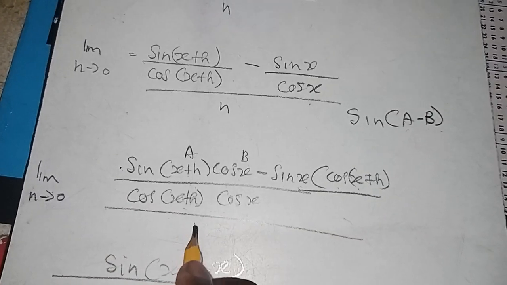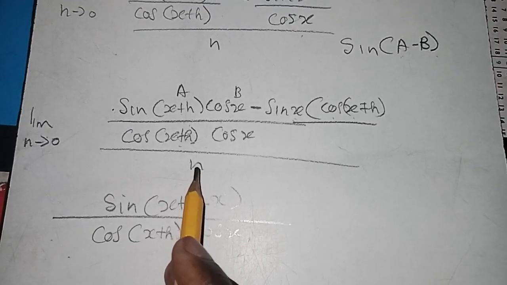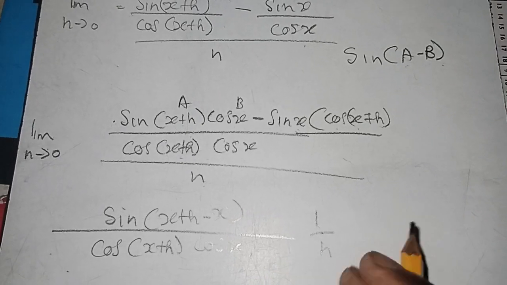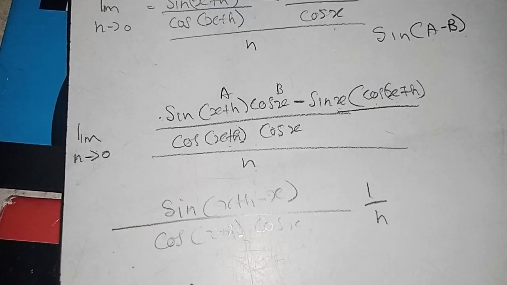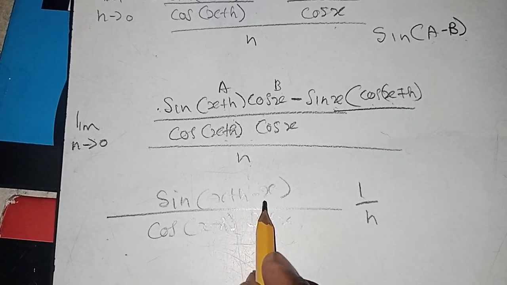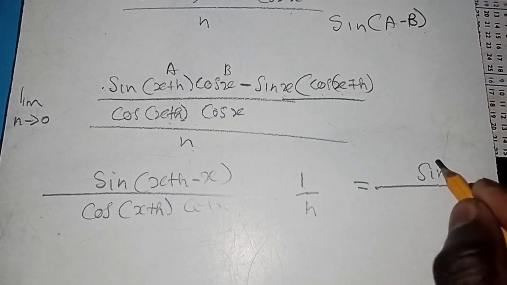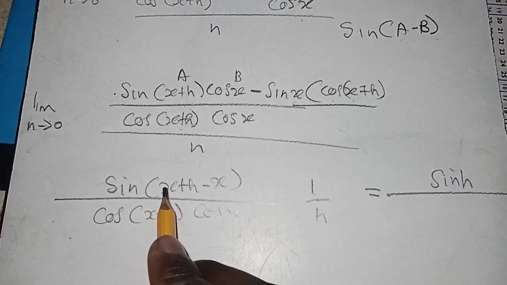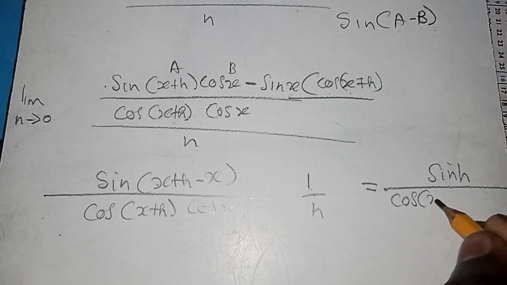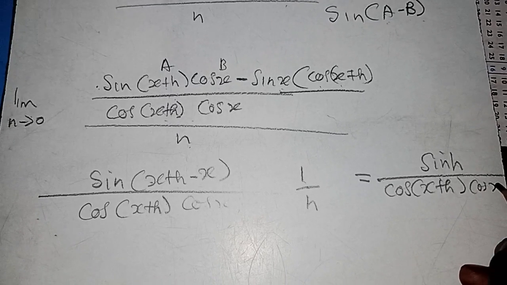Now we forgot to include the denominator there, which was h. We can deal with it by saying 1 over h. So the denominator is going to multiply with the other denominator here. In the brackets we have x plus h minus x, meaning this is all going to be equal to sine h, because x and x will cancel. The denominator is going to be cos(x plus h) cos x.